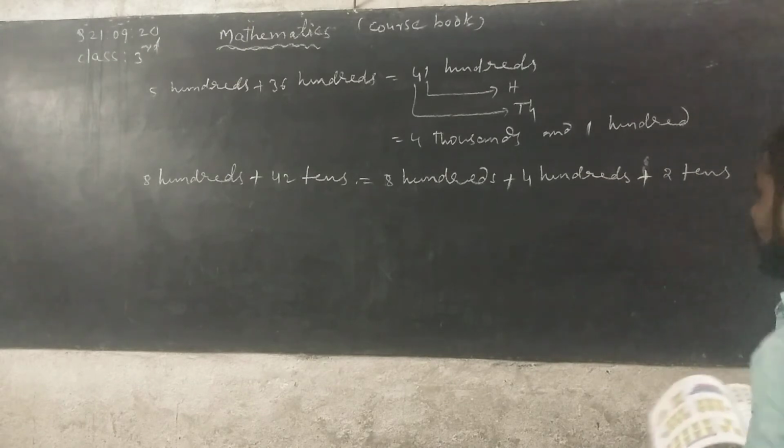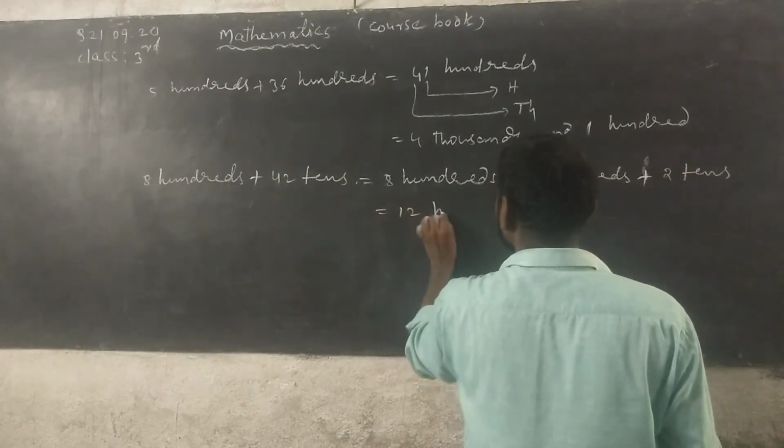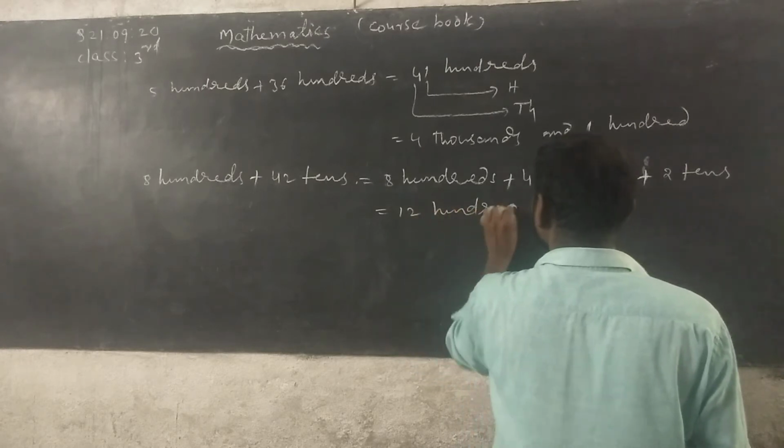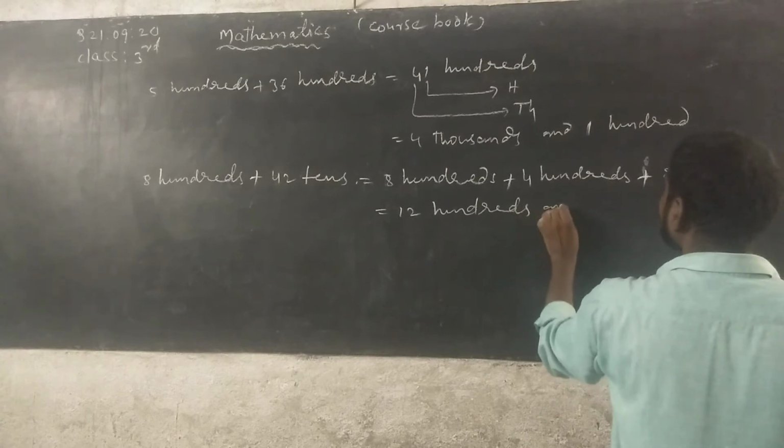So now 8 hundreds plus 4 hundreds, you can get 12 hundreds. And 2 tens.